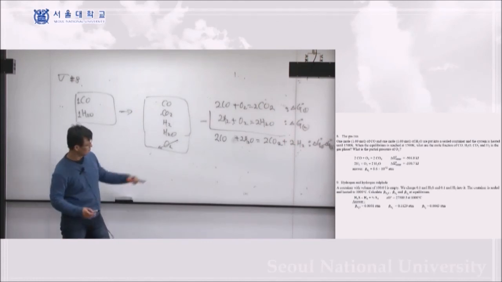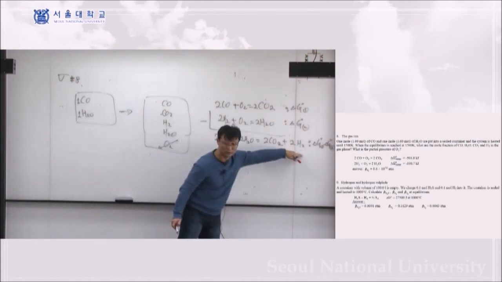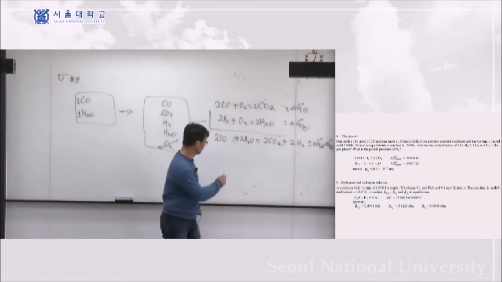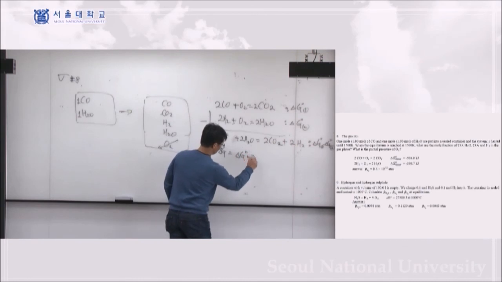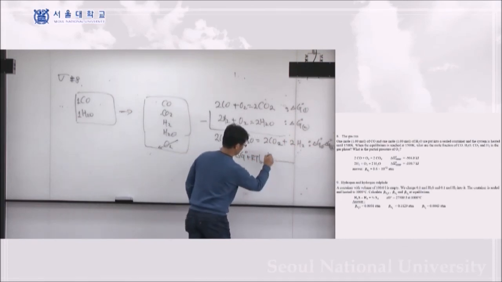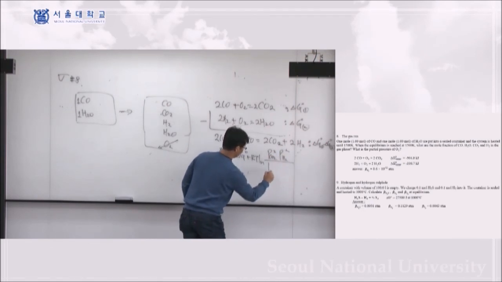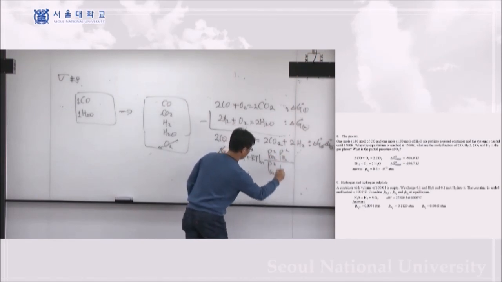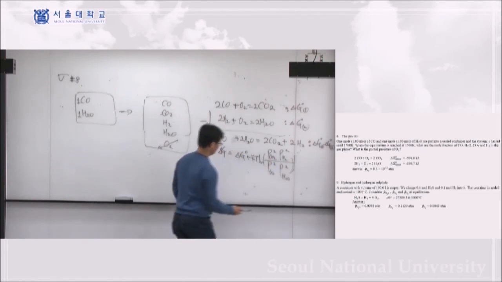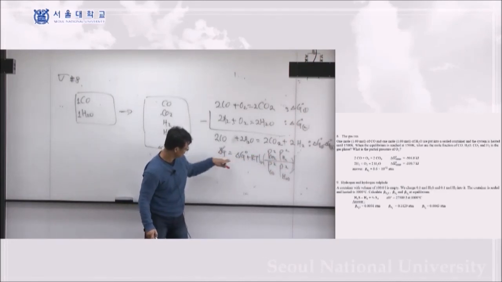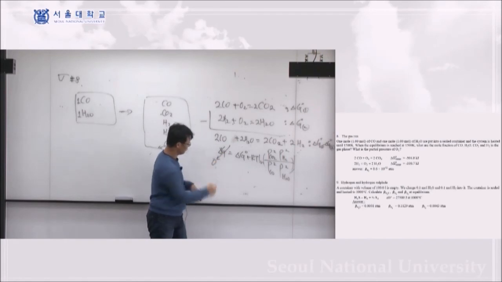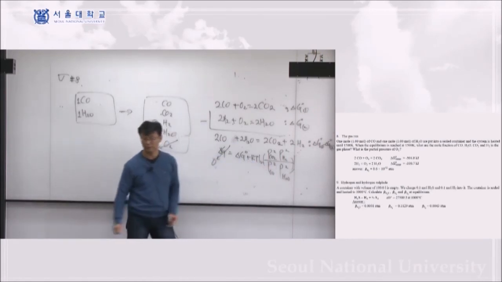However, it's not going to be 100% this one, because at equilibrium state, delta G of reaction equals delta G naught of reaction plus RT ln of the partial pressure of CO2 squared, partial pressure of H2 squared, over the partial pressure of CO squared, partial pressure of H2O squared. This is not 1, so my delta G at equilibrium state is 0, and delta G naught is not equal to 0.